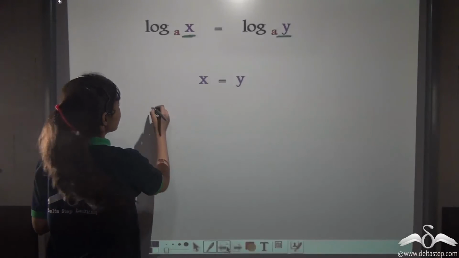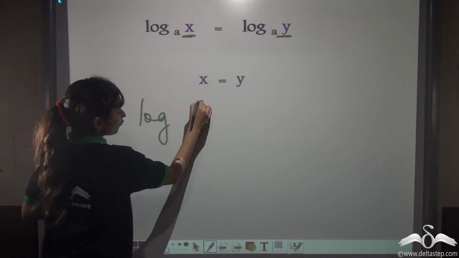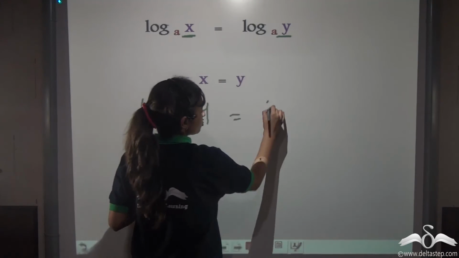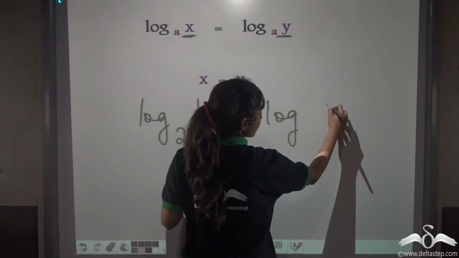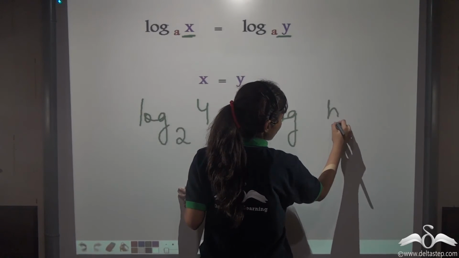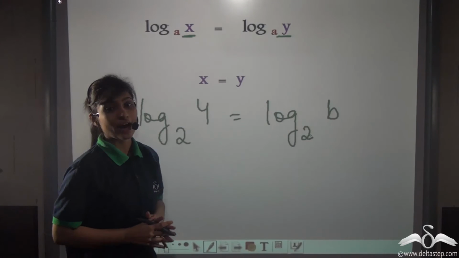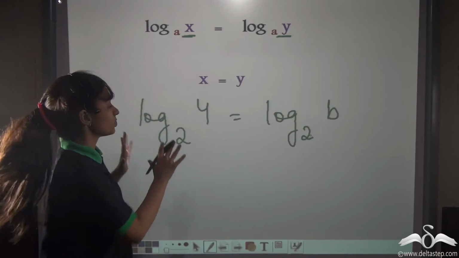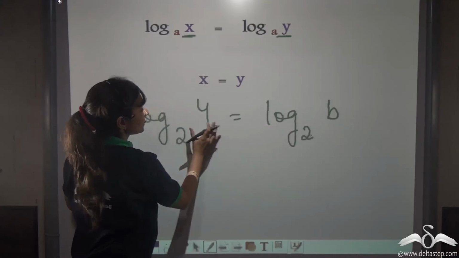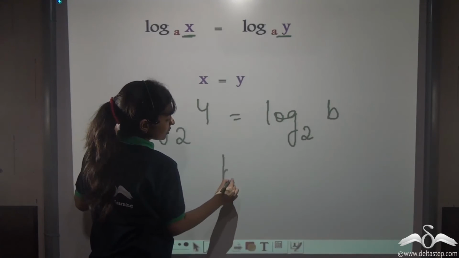For example, if I say log 4 to the base 2 is equal to log, say, b to the base 2. Both are equal and I do not know the value of b. Just by looking at this, you can tell me that the value of b is 4.